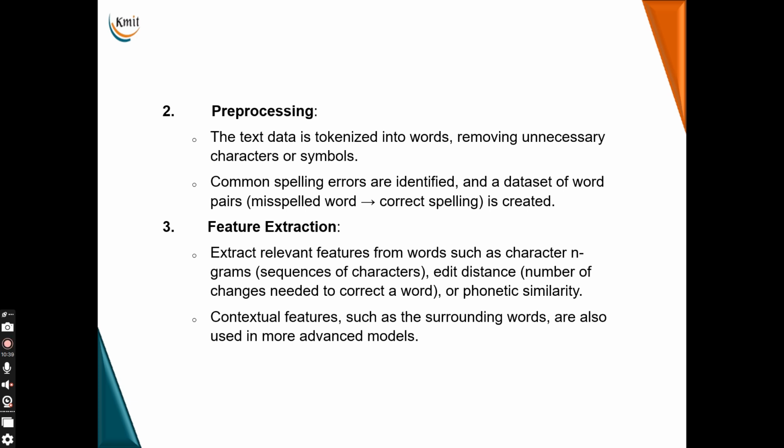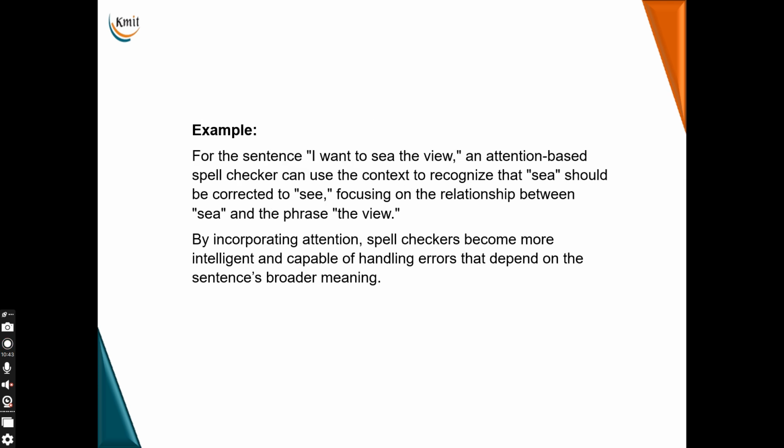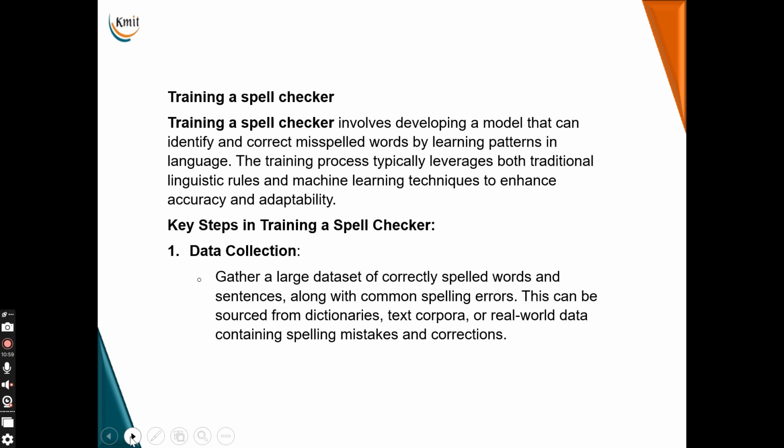That is called edit distance. So if you see in my previous example, how many letters did I correct in order to get the correct word SEE? Maybe one. So I can say the edit distance could be 1 here, right? I'm just giving you an example.